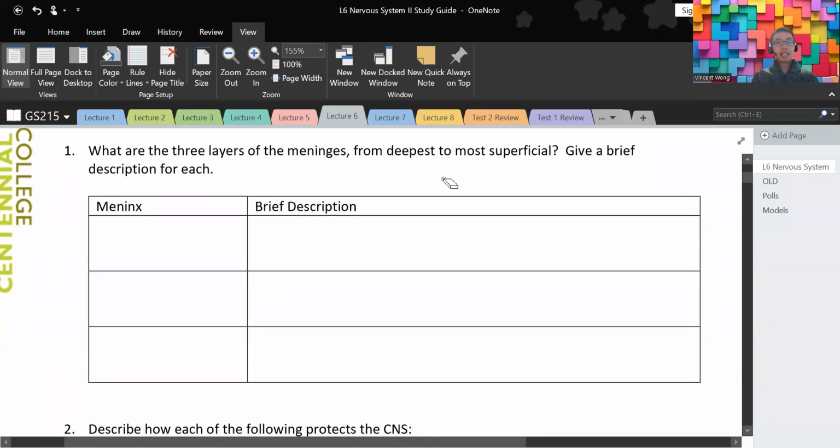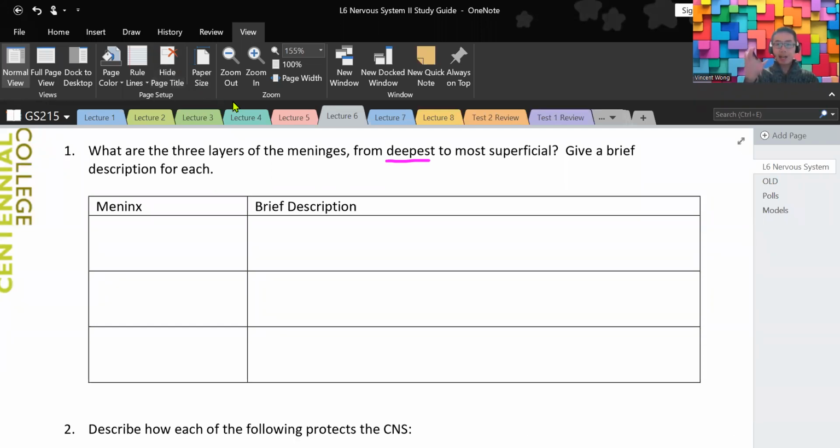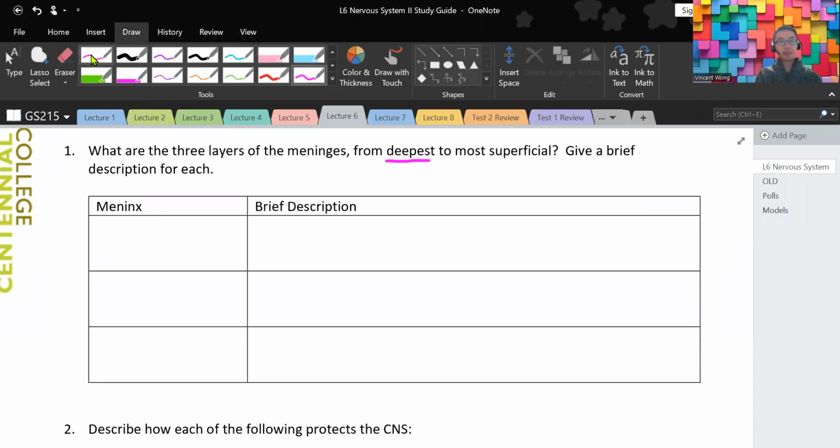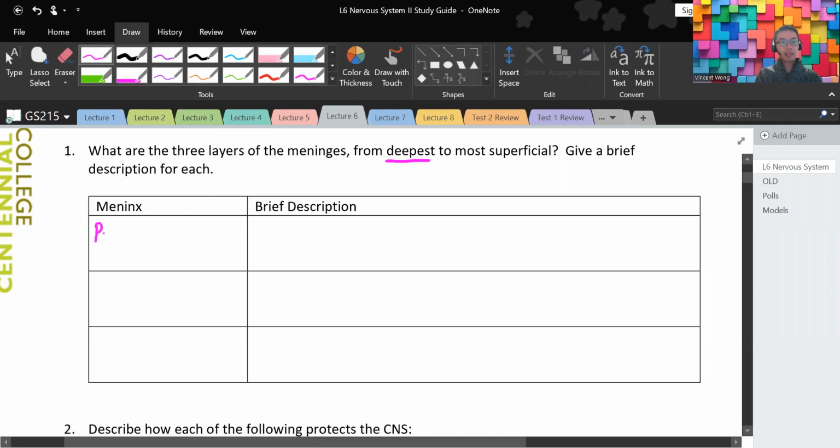So the deepest layer, that is the layer that is going to be in direct contact with your central nervous system, is the pia mater. P-I-A and then mater. It's a single T, right? It's not meta, it's mater.